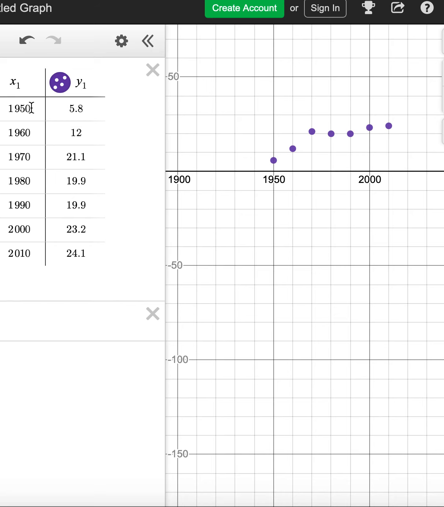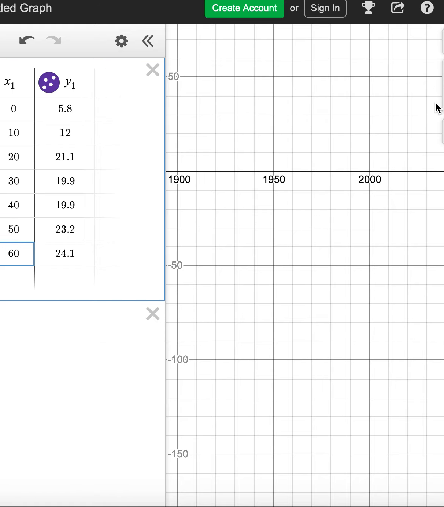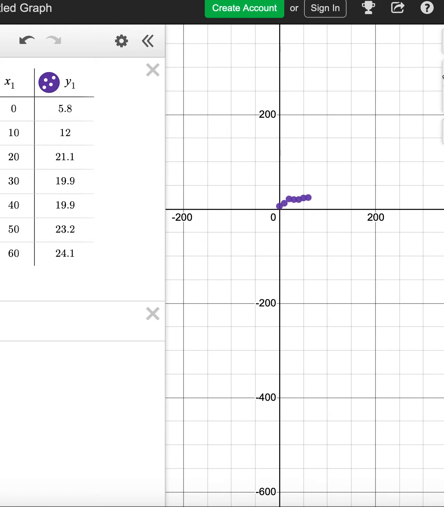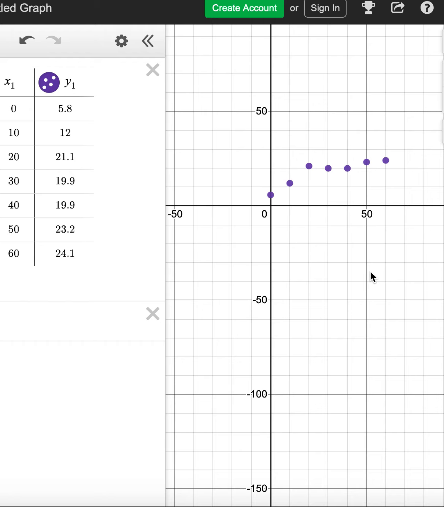So rather than use x values of calendar years, I'm going to change them to years after 1950. So let's just start it off with 0. Then we'll do 10, 20, 30, and so on. That allows us to shift our data back to the origin. It's a little nicer to look at. And we'll get better constants to deal with too.